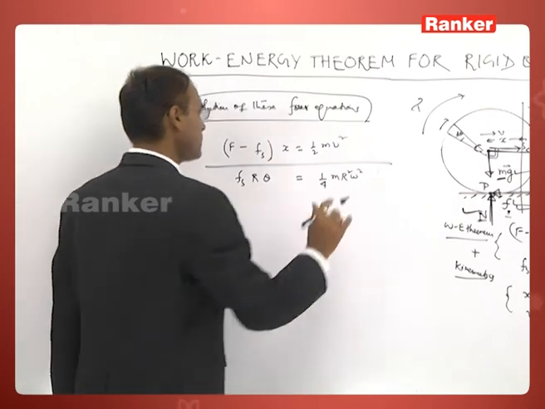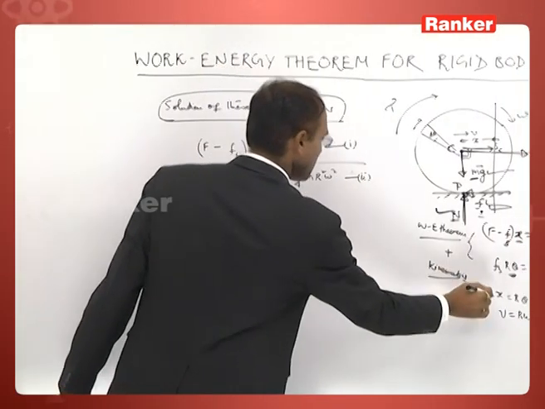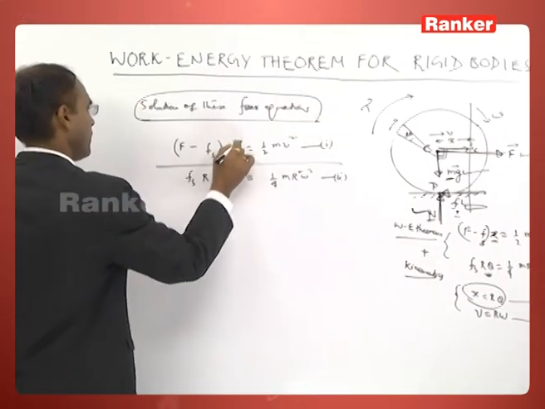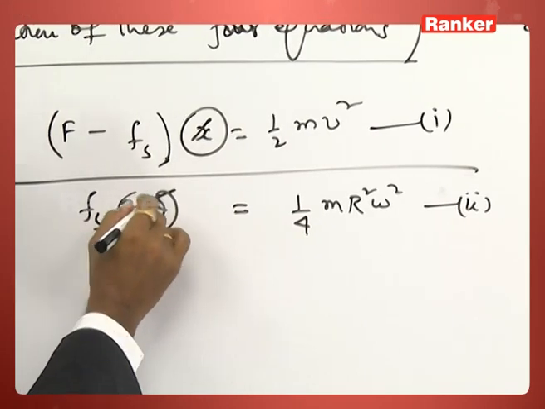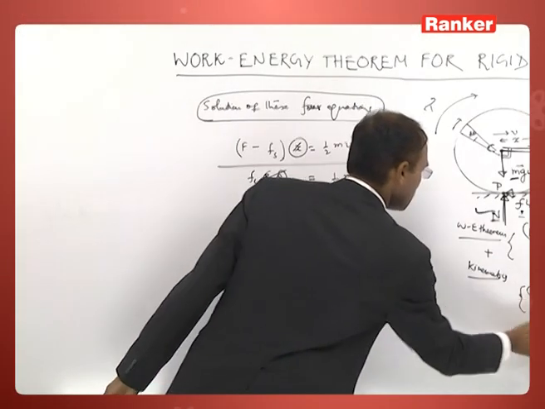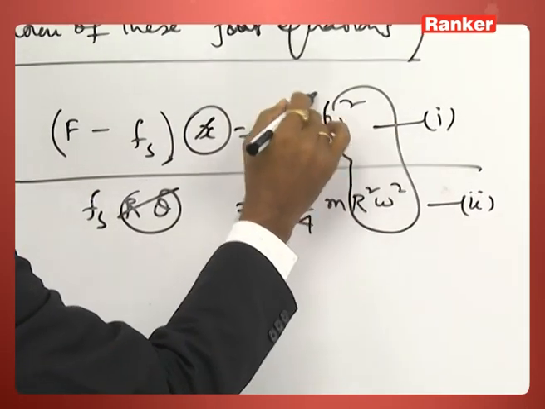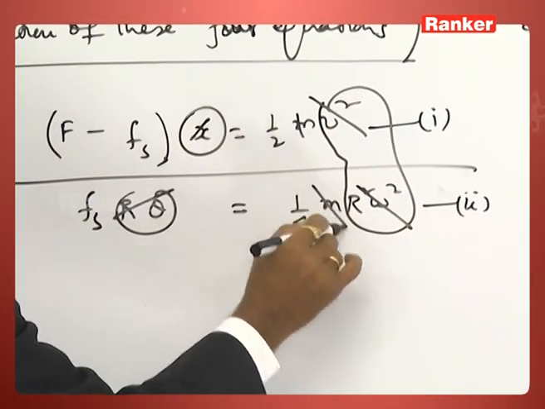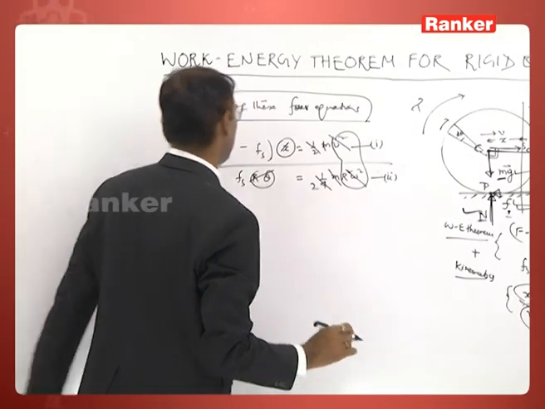Just divide these 2 equations, equation 1 and equation 2. By using equation 3, you cancel x and r theta. By using equation 4, you can cancel v and r omega. Half and 1 by 4 will get cancelled, and you are getting 2 here.